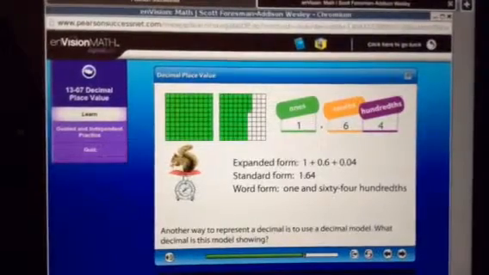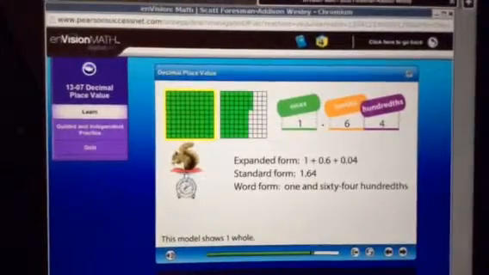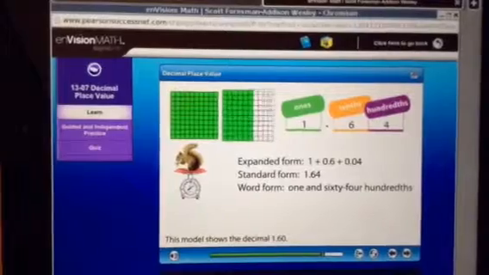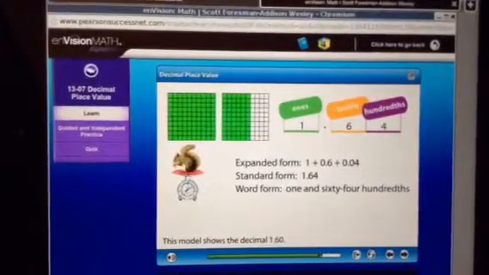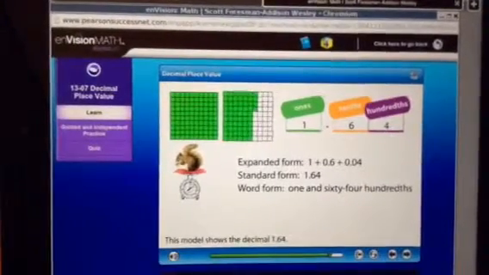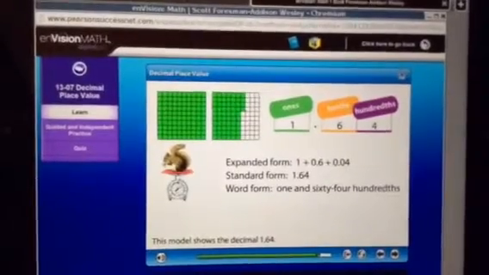What decimal is this model showing? This model shows 1 whole. This model shows the decimal 1.6. This model shows the decimal 1.64.